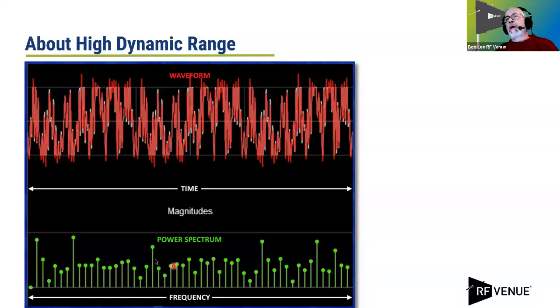So that's why we really have this emphasis on high dynamic range in a distro system, and we'll also talk about it in combining systems for in-ear monitors. So avoiding intermodulation is really a key thing to having a reliable and high performing wireless mic system.